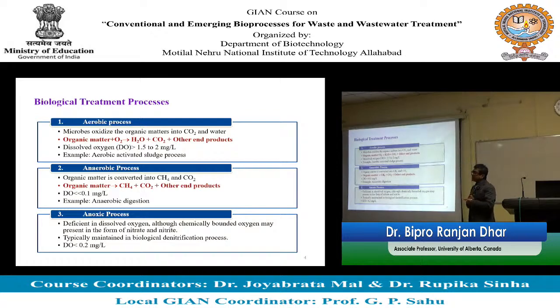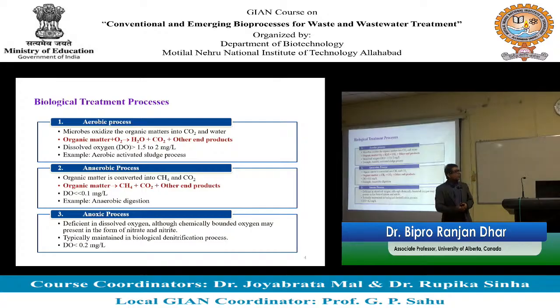The third process is kind of in between, and we call it the anoxic process. In an anoxic process, the dissolved oxygen level is still low, but the system utilizes chemically bound oxygen rather than dissolved oxygen.